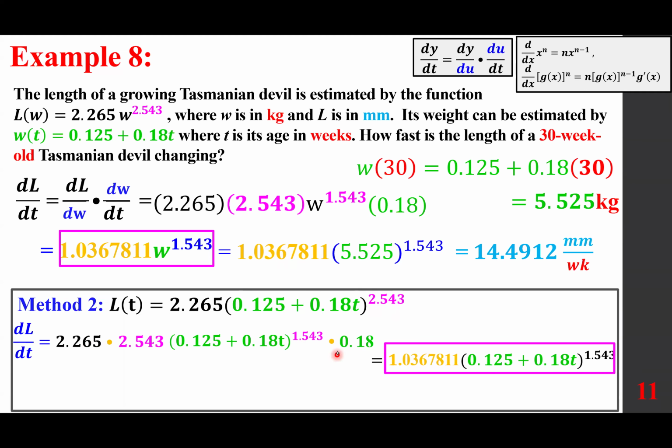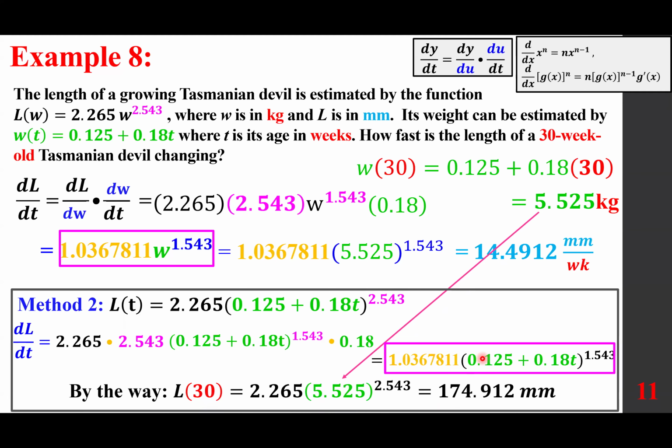And take a look. These two are identical. If I had changed the W to the function W of T, I would have got exactly the same thing. And we are done. They didn't ask for the length, but just in case, if they ask for the length, L of 30, so plug in 30, you can calculate it.